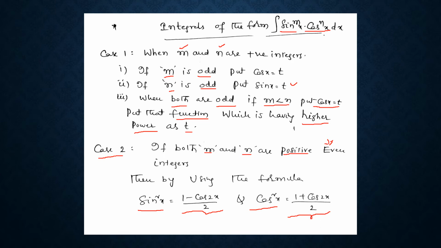So to evaluate integral sine to the power of m x into cos to the power of n x dx, we have to remember these points. Yes, we will do some problems of this type, integral sine to the power of m x into cos to the power of n x dx.